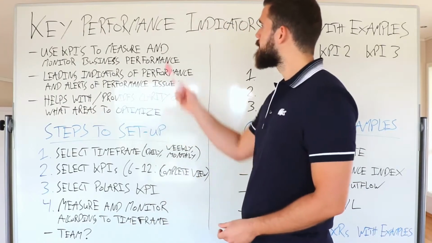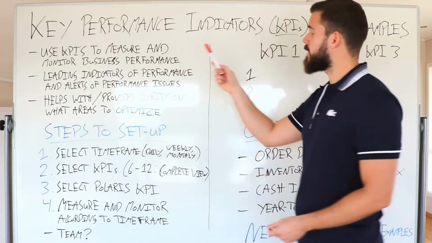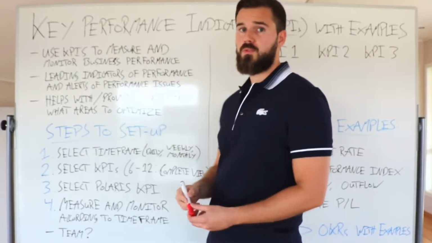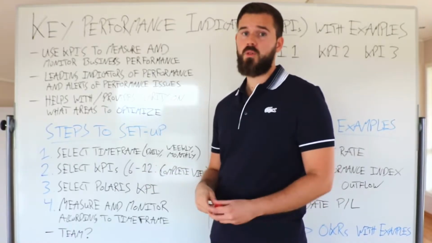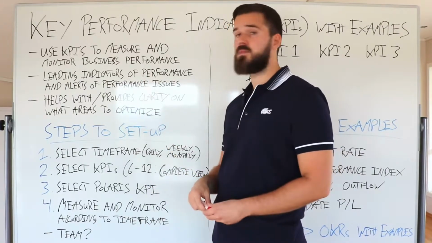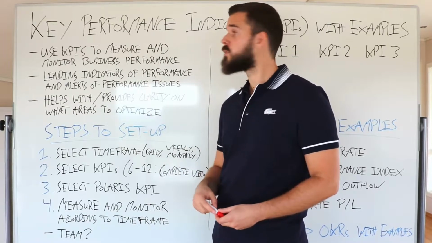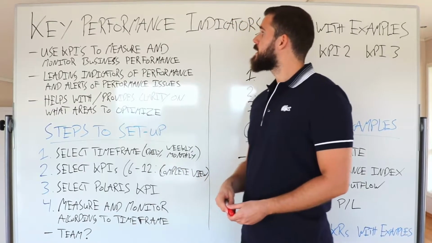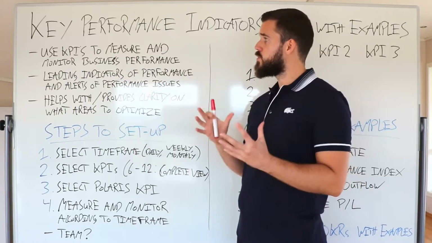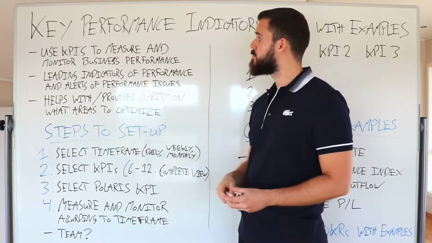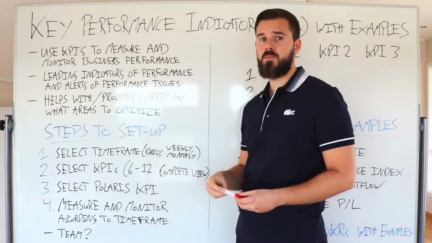So key performance indicators, that's KPIs. Let me just give you some highlights of what KPIs are. You might know that already, maybe not, so let me just give you a quick overview of what this concept is about. So this is a set of metrics that we use. We use KPIs to measure and monitor business performance.